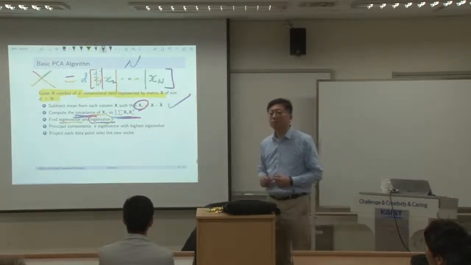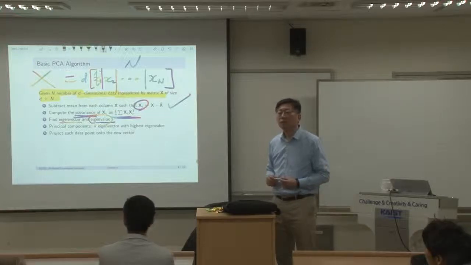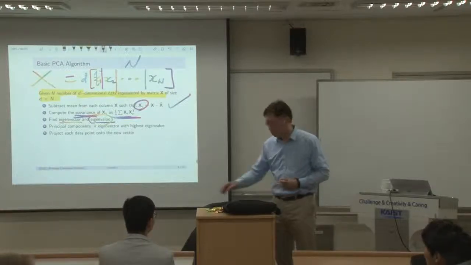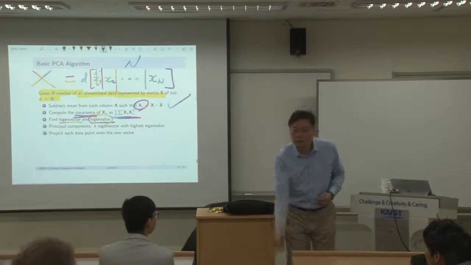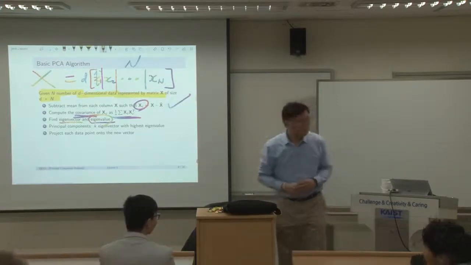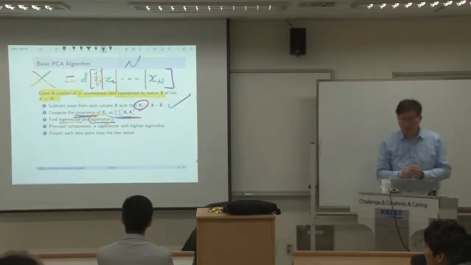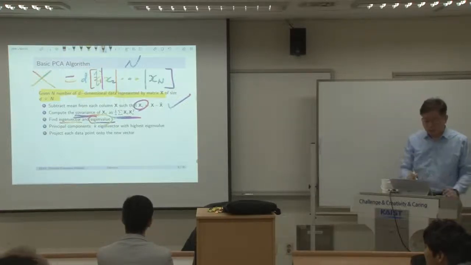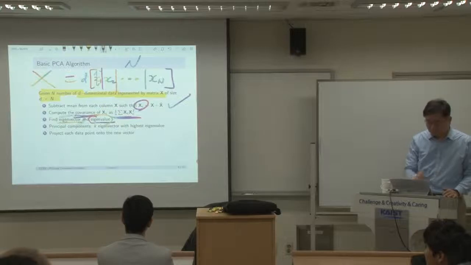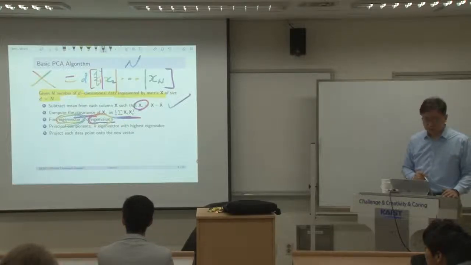Scarce in shape? Very good. It is the variance in that dimension. And this is one of the projections. If you project onto this, that gives you the variance.